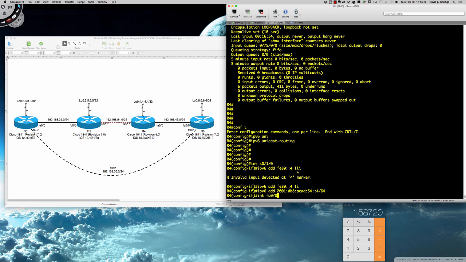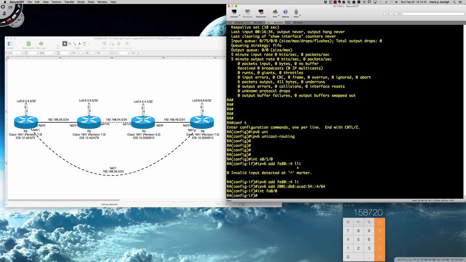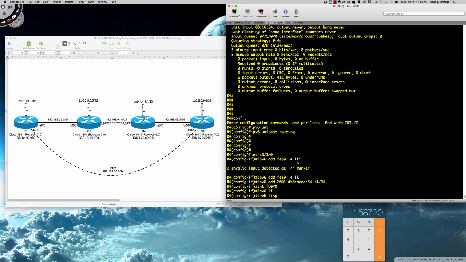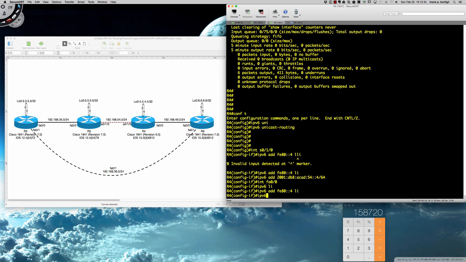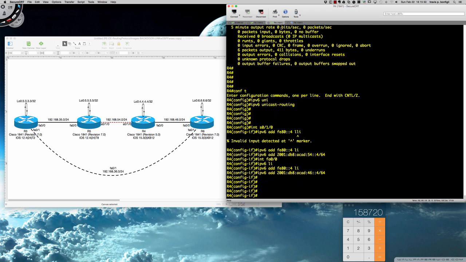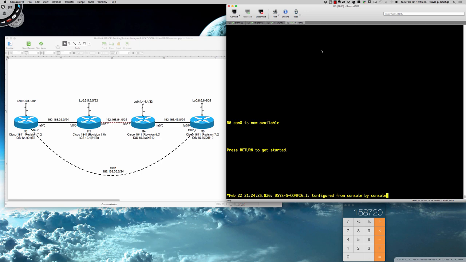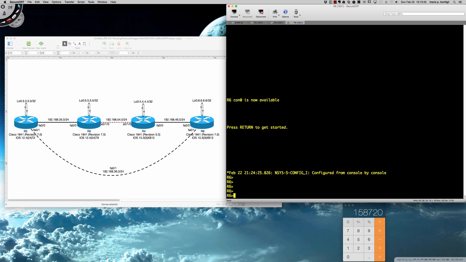And then let's go into FA00. Let's give ourselves a link local address, IPv6 address FE80::4 link local, and IPv6 address 2001:DB8:ACAD:46::4/64.